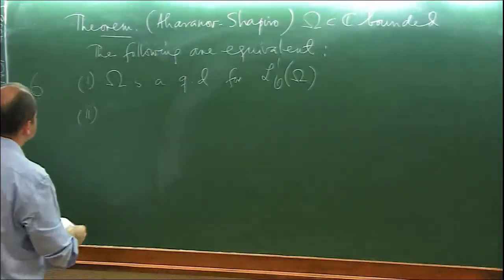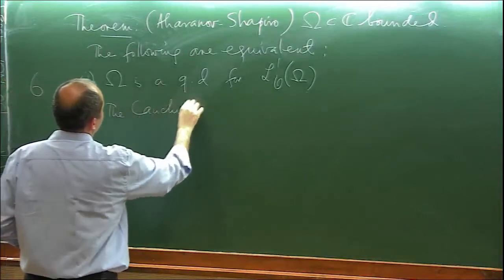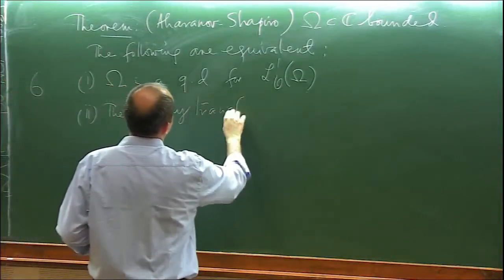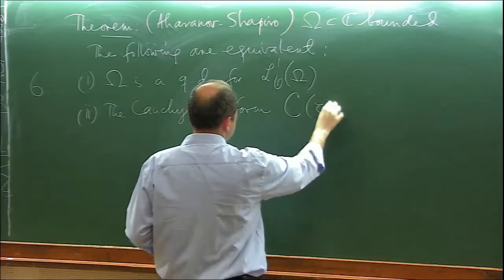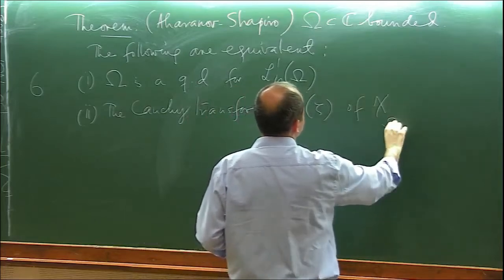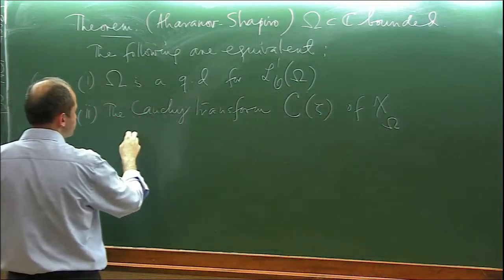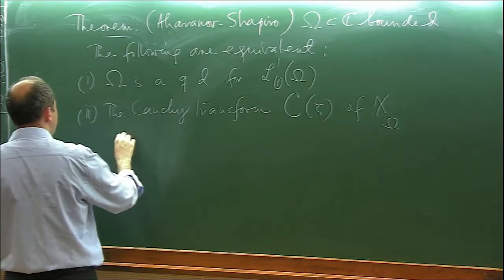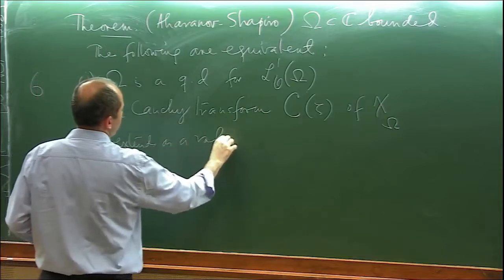Number 2, the Cauchy transform, which we had denoted as C of zeta, the Cauchy transform of the characteristic function of omega, extends as a rational function.